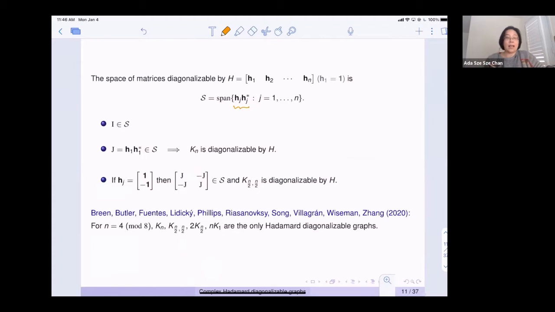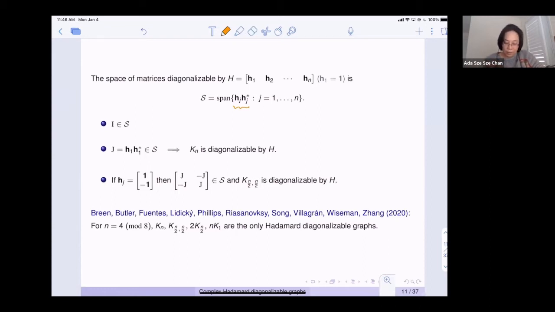But we are asking for graphs that are in this space. So we're asking for, if you think of adjacency matrix, it will be a 0, 1 matrix. If you think of a Laplacian matrix, then it will be basically you have this diagonal, which are the degrees, minus the adjacency matrix. So we're asking for matrices that have a very special structure in this set here, in this space here. So that is a bit more difficult.